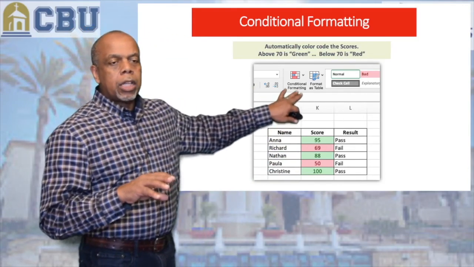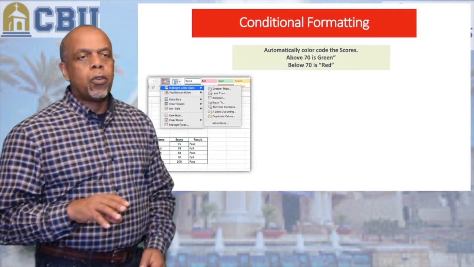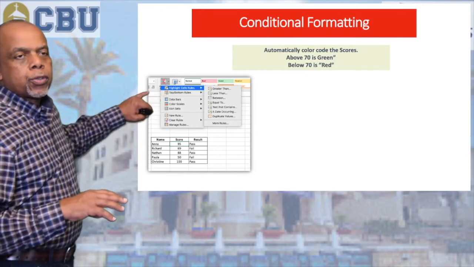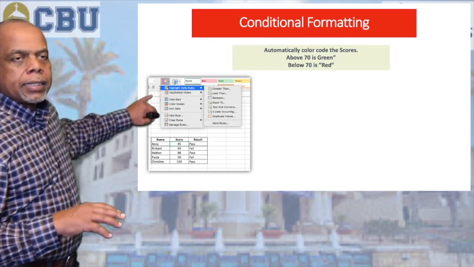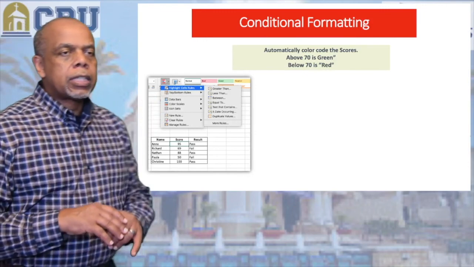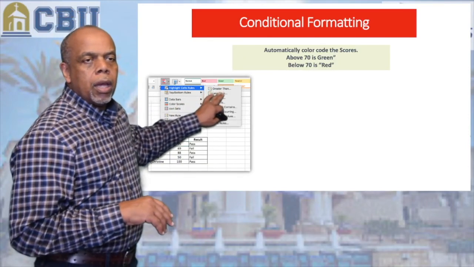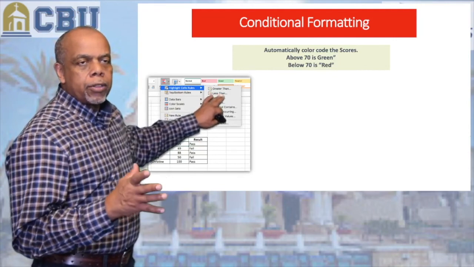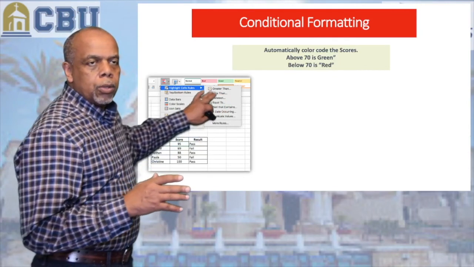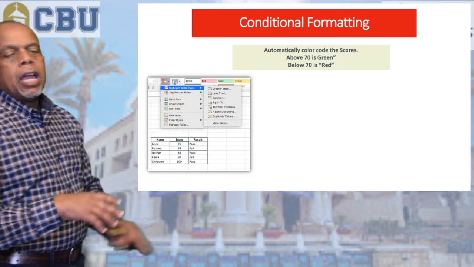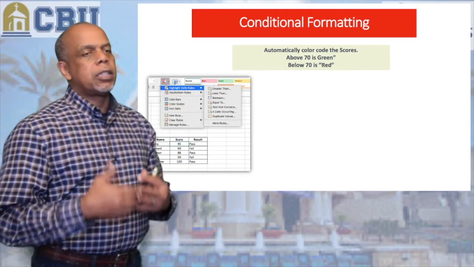So I would click on conditional formatting, and it's going to give me a series of drop-downs. In this first drop-down, you see all these things. I said I wanted to highlight cell rules, and I wanted to then use greater than. It gives you many choices: greater than, less than, or you can customize it and build your own.